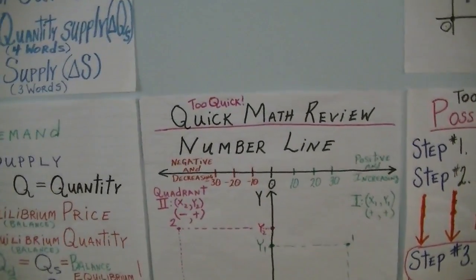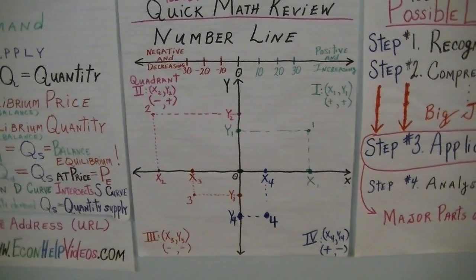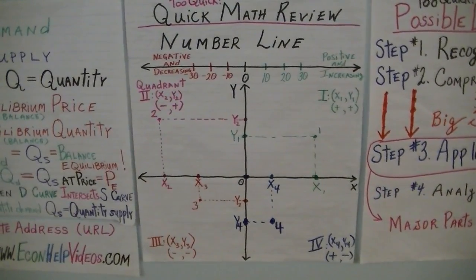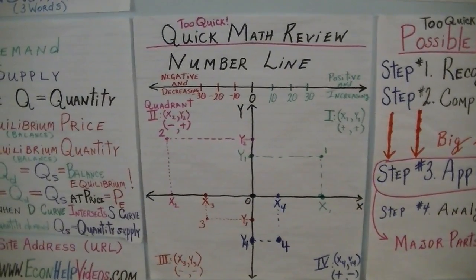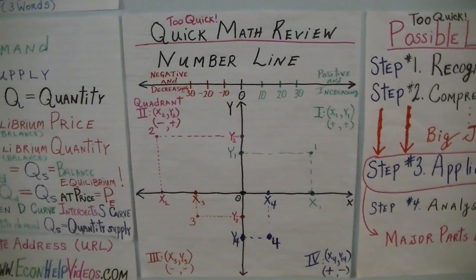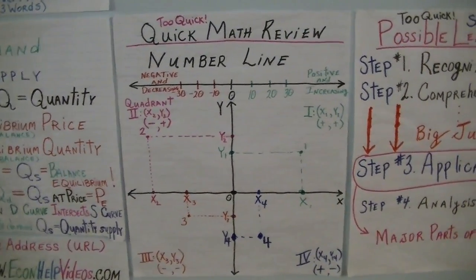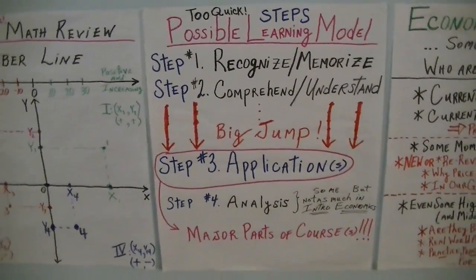And remember from math, this is way too quick, but we use the Cartesian plane geometry space, leaning on number lines, the horizontal and vertical number line. But we're in quadrant 1 where both the variables are positive, and instead of y, we're going to do price, and instead of x, we're doing quantity. So once again, way too quick little learning model.